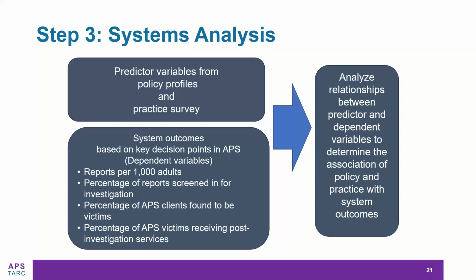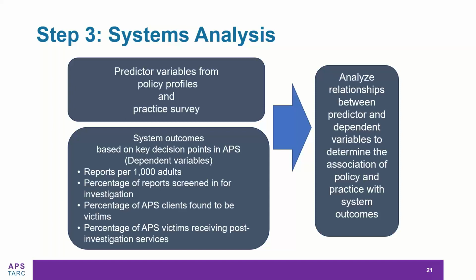What percentage of reports are screened in for investigation as opposed to being screened out, what percentage of APS clients were found to be victims, that's looking at substantiation rate, basically. And then what percentage of APS victims receive post-investigation services.